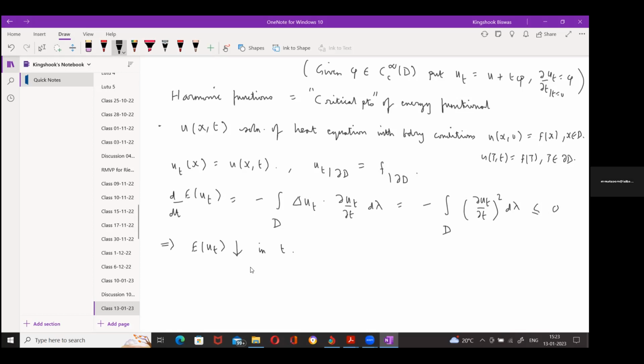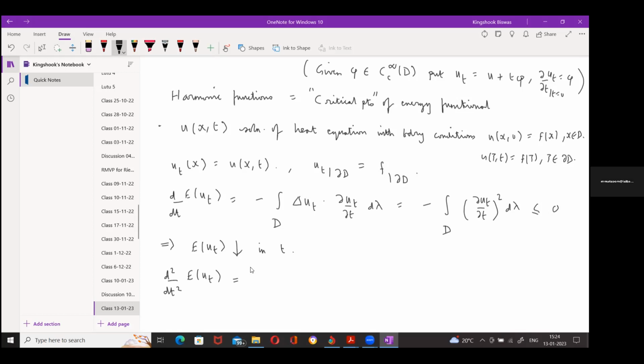Okay. But now we can actually say more. Let's look at the second derivative of the energy. So what will that be? The derivative of the energy is minus the integral of (del u_t/del t) squared.